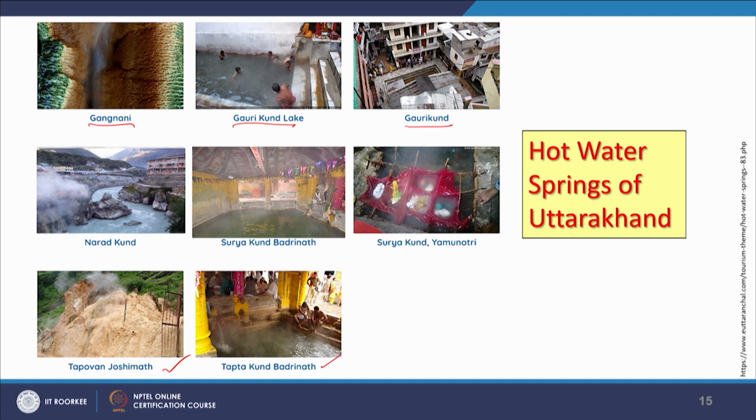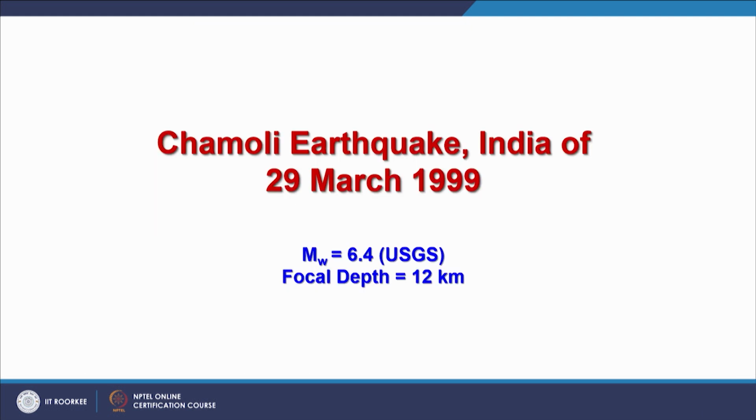So, these are well known hot springs being visited for religious purposes and also for skin diseases. But as I have mentioned, just one site has been developed, not in Uttarakhand but in Maharashtra, for geothermal energy. Otherwise, there is not yet any possibility to generate geothermal energy from these, though some efforts can be made.